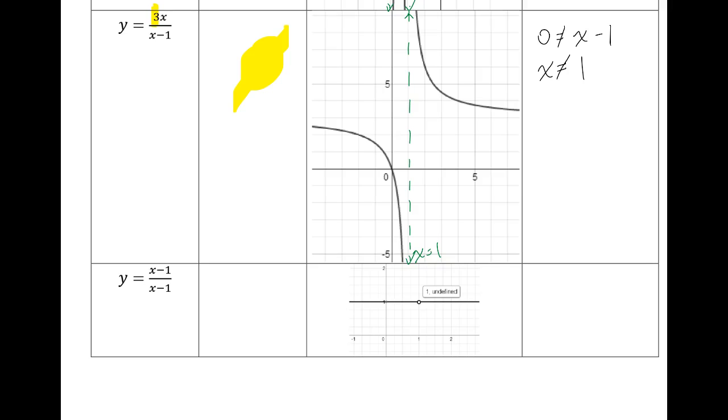So when we have matching degrees, and we have coefficients, this is resulting in a shift of horizontal asymptote.